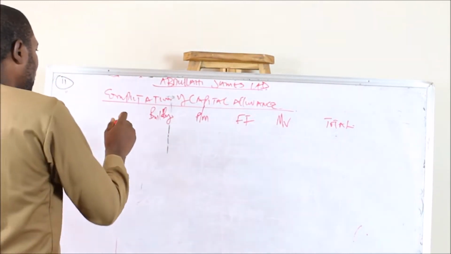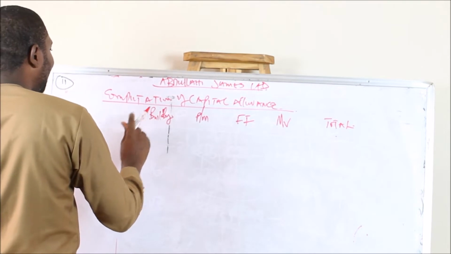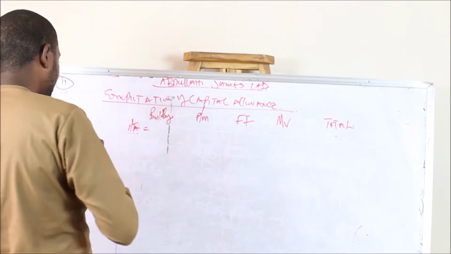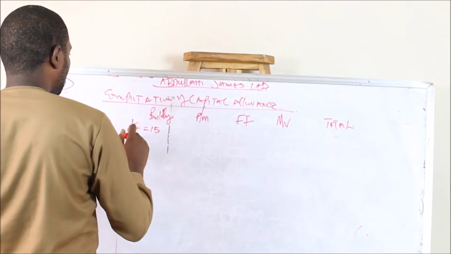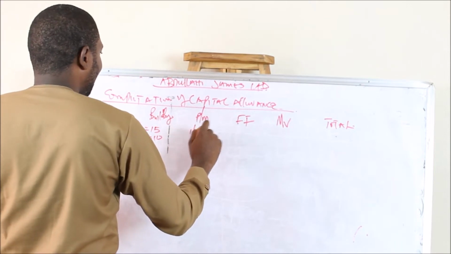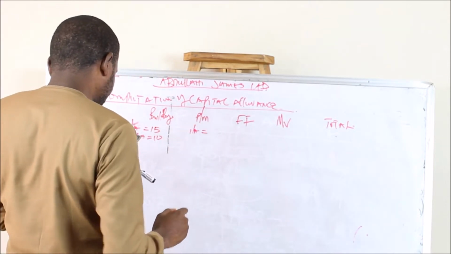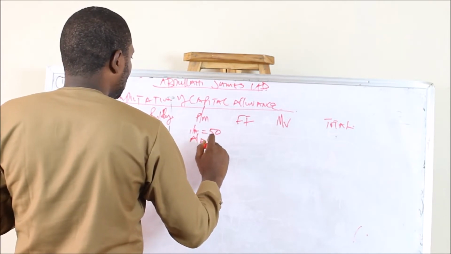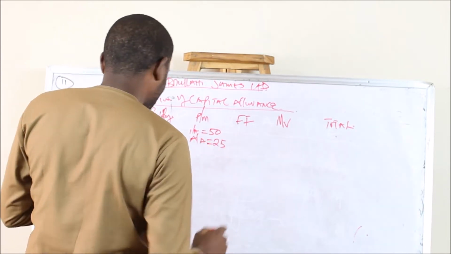So for example, the initial allowance for building is 15%, where the annual allowance is 10%. Initial allowance for plant and machinery is 50%, where the annual allowance is 25%.